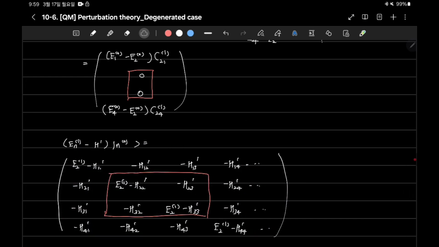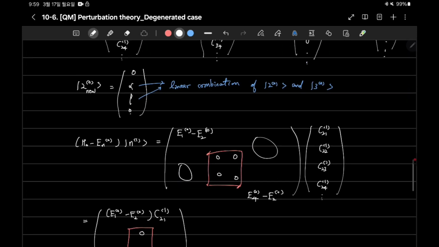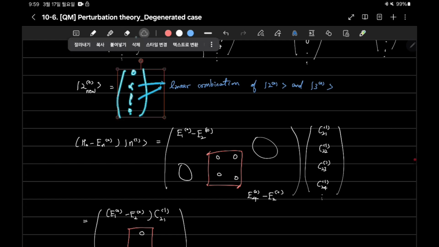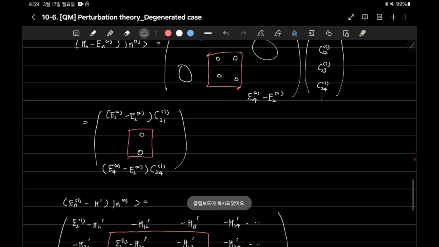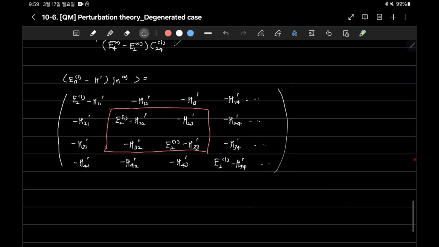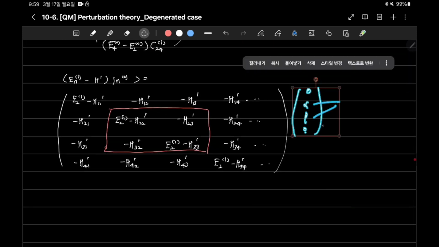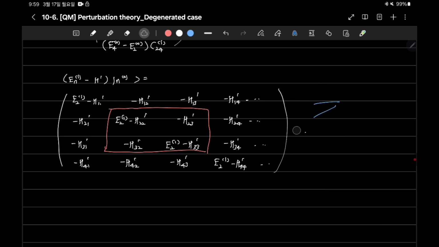And the new state for second order is like this. It is a linear combination state. Here we can write it as 0, alpha, beta, 0, and like this.